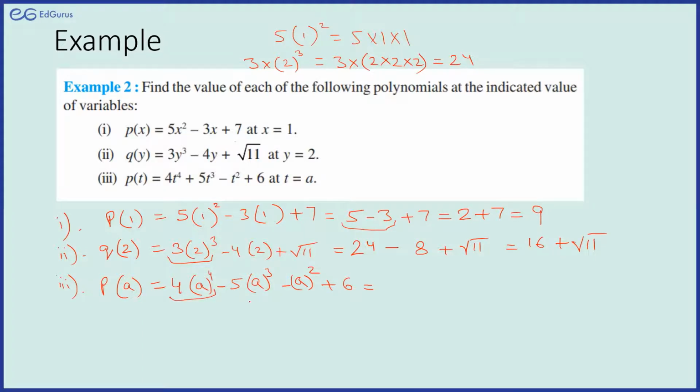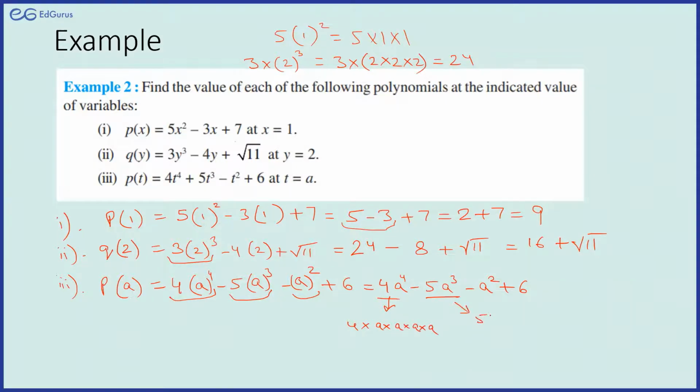This term has a to the power 4. This term has a cube. This has a square. तो इनको मैं कुछ add, subtract कुछ नहीं कर सकती. Right? So the answer is simply 4a to the power 4 minus 5a cube minus a square plus 6. I cannot add this and this. इसमें this term means 4 into a into a into a into a. 4 times a.